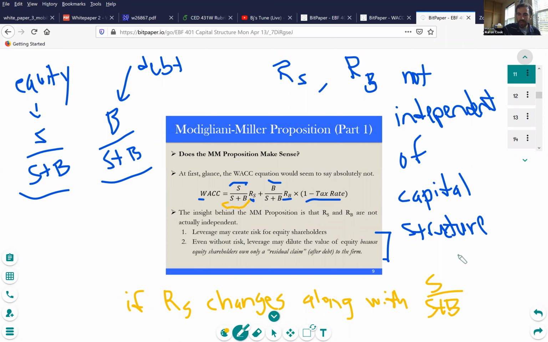We're going to see that the change in S over S plus B in this WACC equation, if that goes down, is exactly offset by an increase in RS.